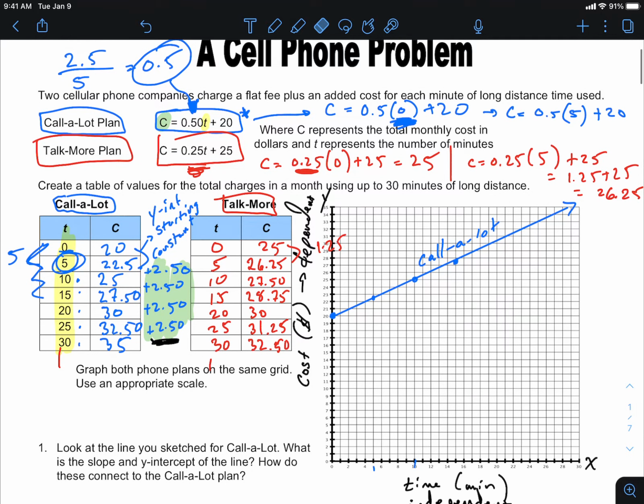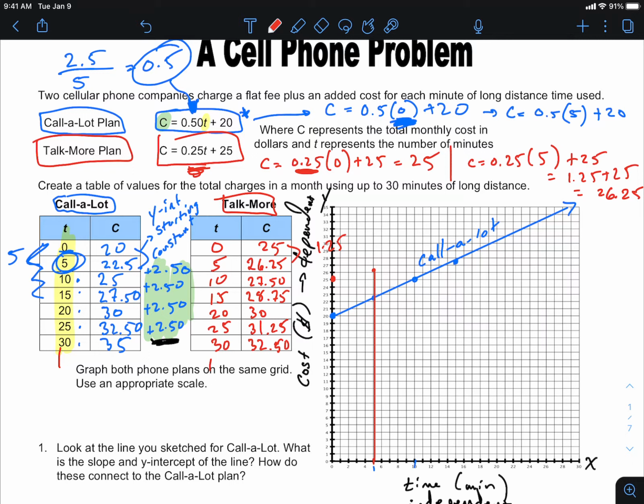We're going to go and we're going to plot these points. So 0 and 25, that's right. Oops, I need the red. 0 and 25 is right here. Okay, and then I'm going to go 5. 5, I have to go up to 26.25, which is about there.